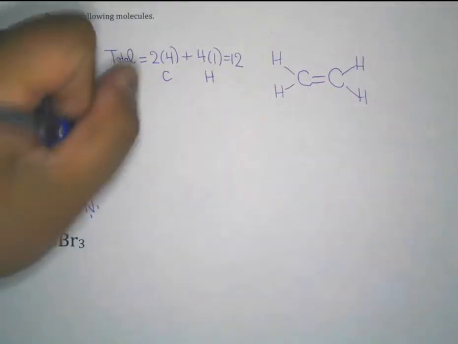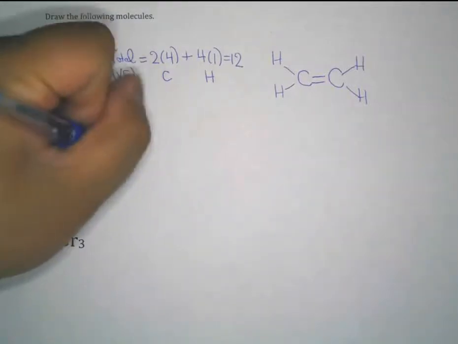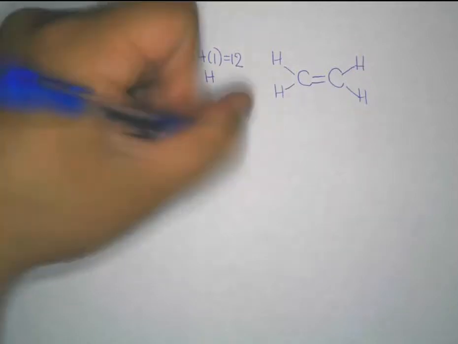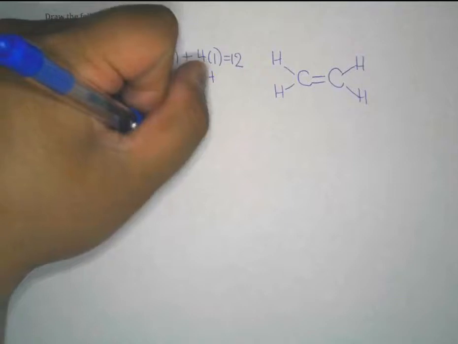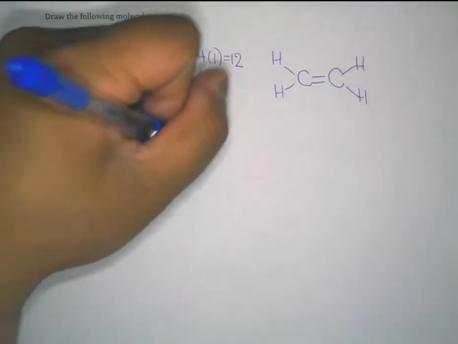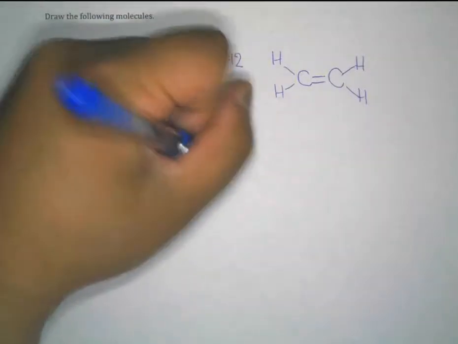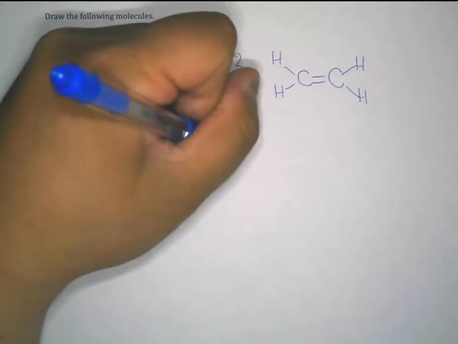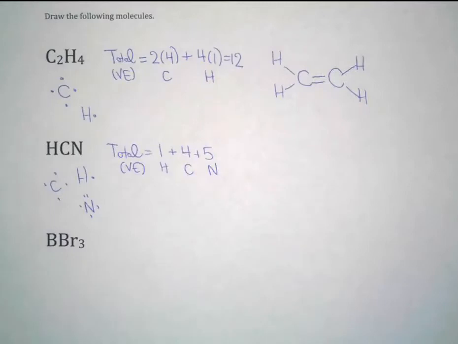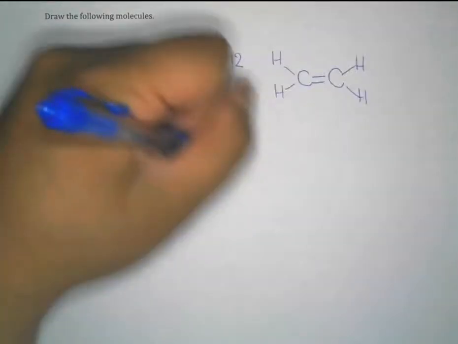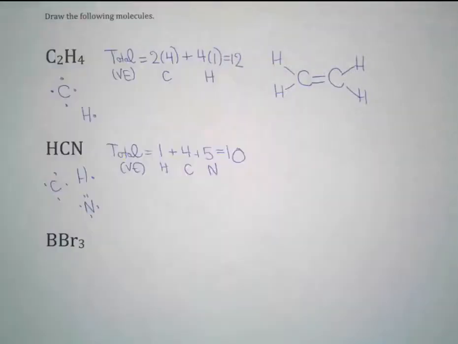The total number of valence electrons equals 1 for H plus 4 for carbon plus 5 for nitrogen, for a total of 10 valence electrons.